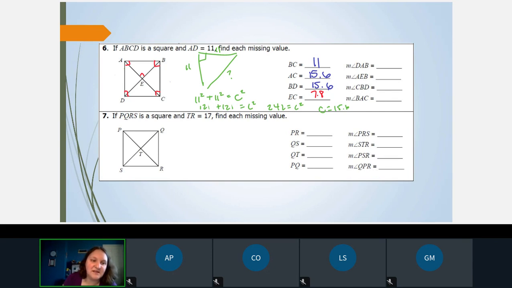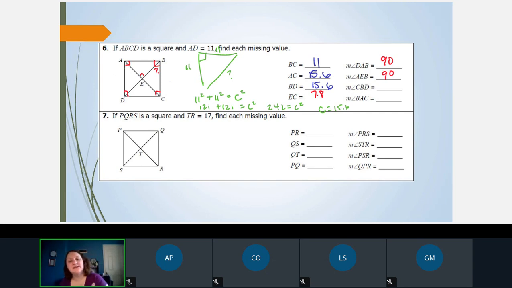DAB. Oh, that's a 90-degree angle. AEB. Oh, that's a 90-degree angle. CBD. CBD is here. But remember, in your rhombus, the diagonals bisect the opposite angles.